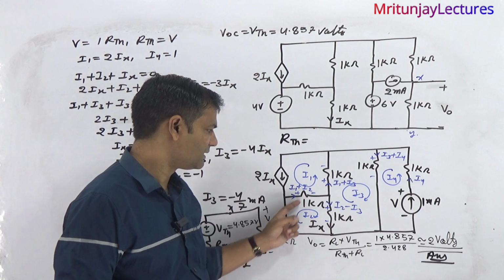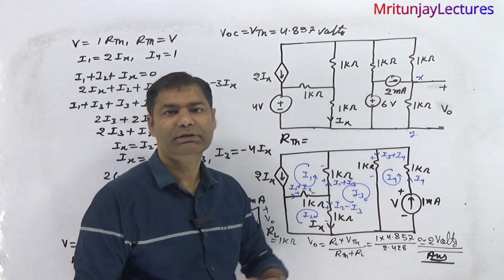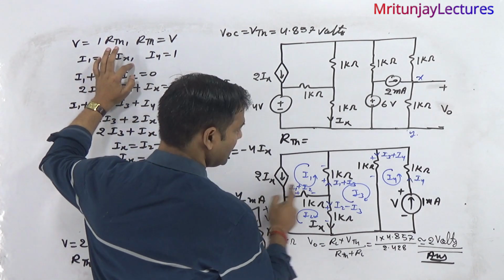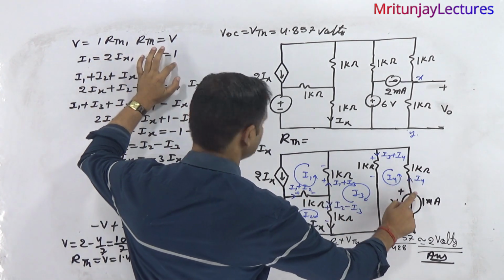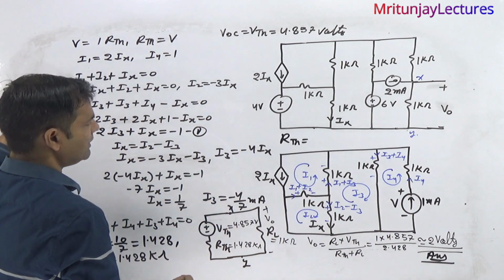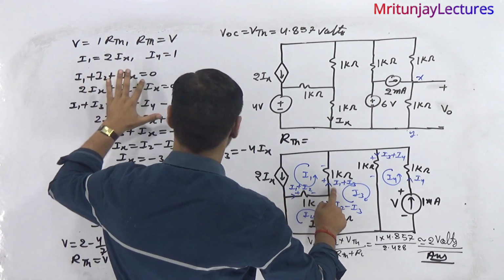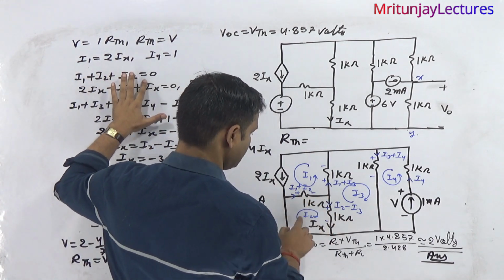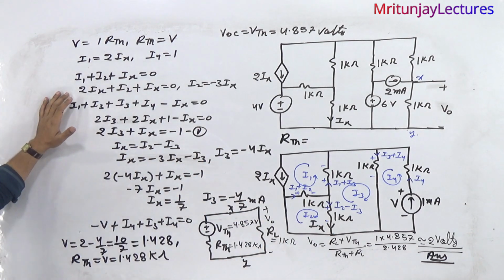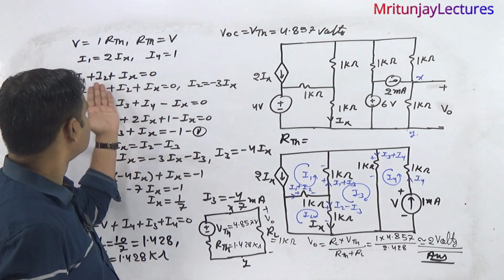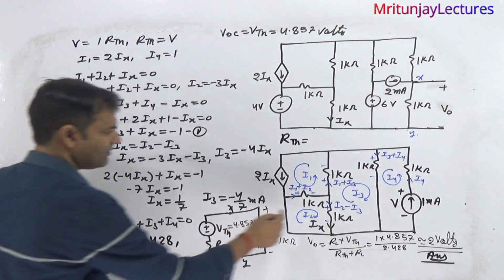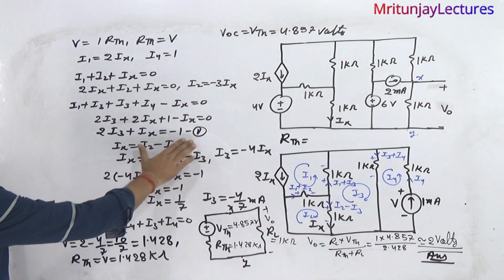Then take loop current I1, here I2, here I3, here I4. First of all, same as before, I1 is 2Ix, I4 is 1 milliampere. Clear? Now apply KVL in this loop. We get I1 plus I2 plus Ix, and after that put this value, and we get I2 equal to minus 3Ix, and after that apply KVL in this loop, then we get this one.